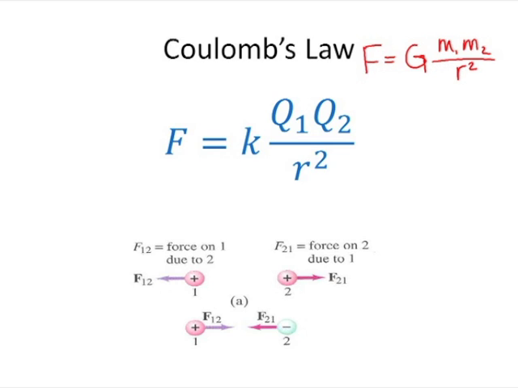In this case, with static electricity and electric charges, instead of mass, we have two things that are charged. As the distance increases, it still decreases the force, and we still have a constant here.